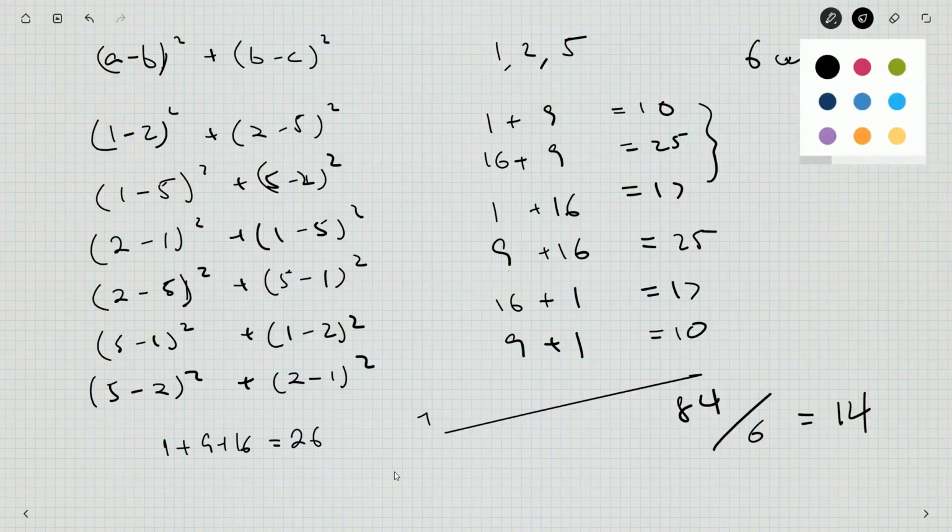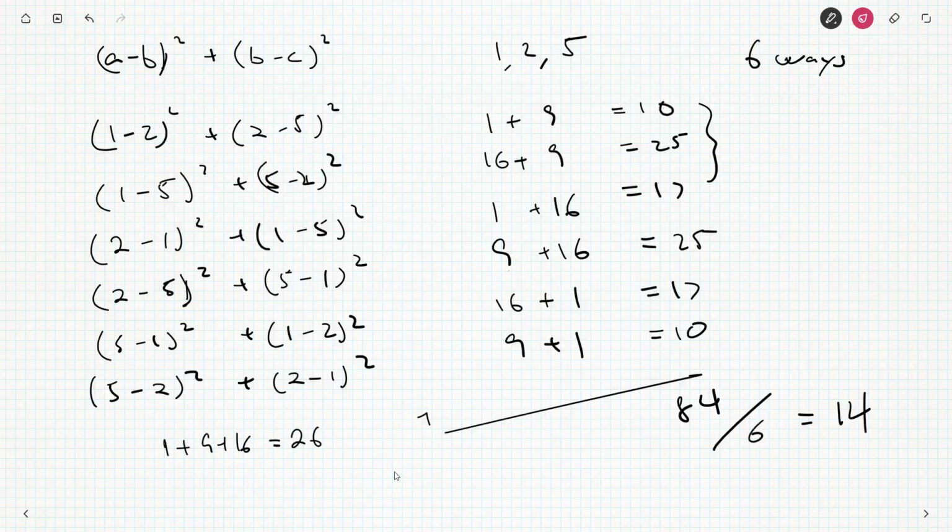But I noticed that there's a 1, a 9, and a 16, and these are the only ones, and that there's 4 16s, 4 9s, and 4 1s.